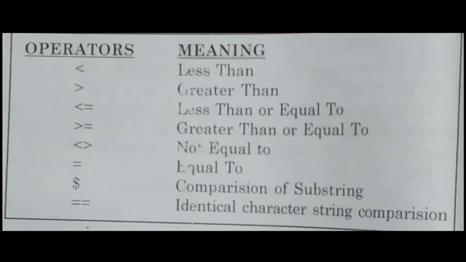For normal comparison, we have to utilize the equal to sign. But for exact comparison, we have to utilize the double equal to sign. Is that clear, everyone? Thus, according to our discussion, we can understand that equal to is used for normal comparison and double equal to is used for exact comparison.